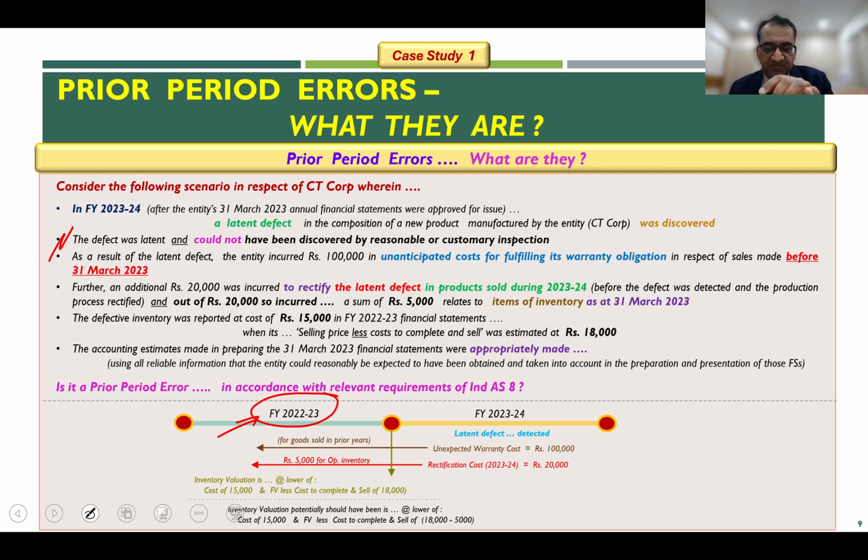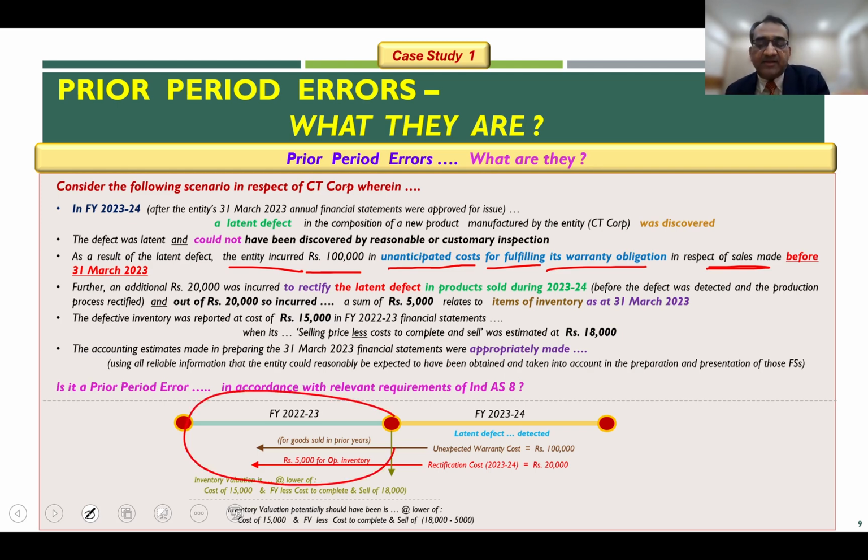But the fact of the matter is that in 22-23 that error was there, which got detected only in the subsequent year 23-24. As a result of this defect in the manufacturing, the entity incurred, let's say, 1 lakh rupees in unanticipated cost for fulfilling its warranty obligations, in respect of sales which have been made before March 23.